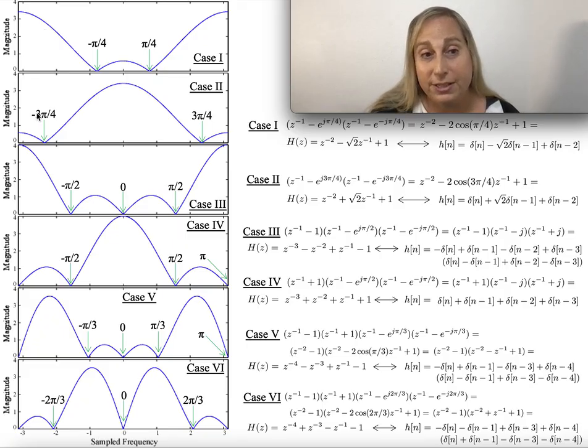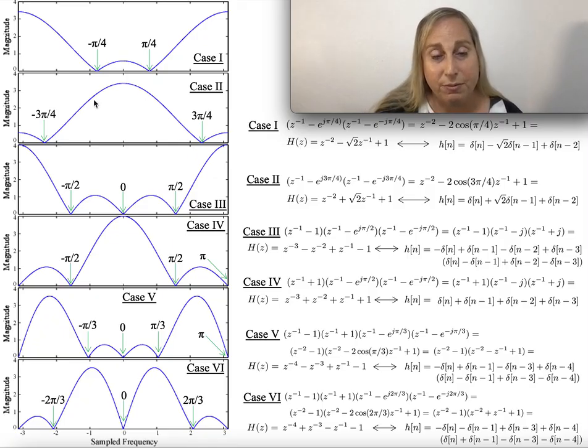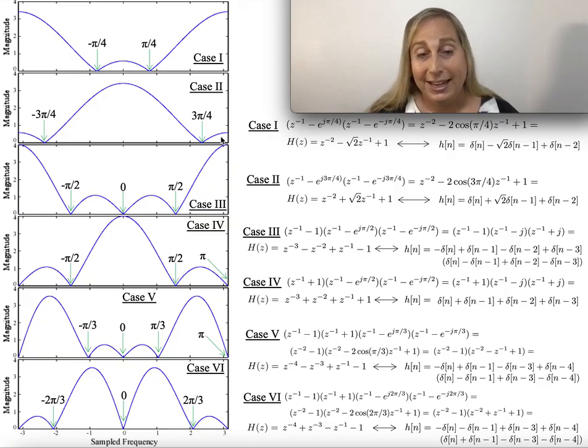Funny enough, if I do this at minus 3 pi over 4 and 3 pi over 4, I get something that's a very nice low-pass filter with a ripple on it. So I get something that's more low-pass to something that's more high-pass. It's kind of interesting that it's this fluid thing that I can move around.